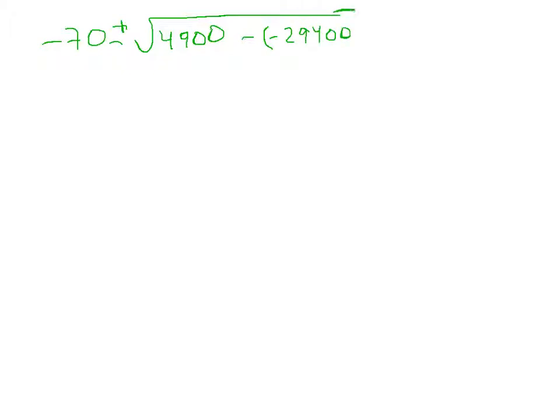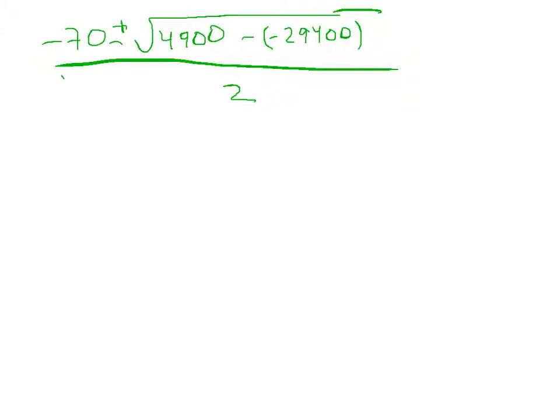If I simplify this, I get negative 70 plus or minus the square root of 4,900 minus negative 29,400, all over 2.